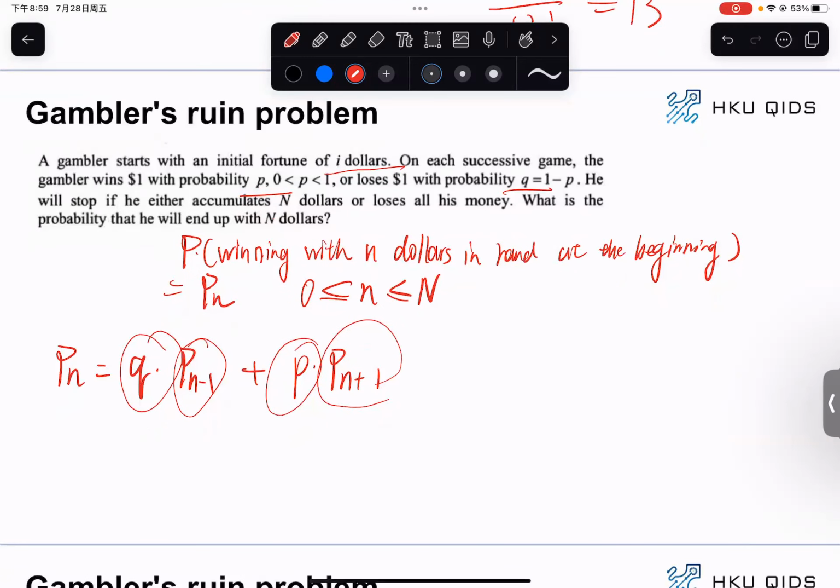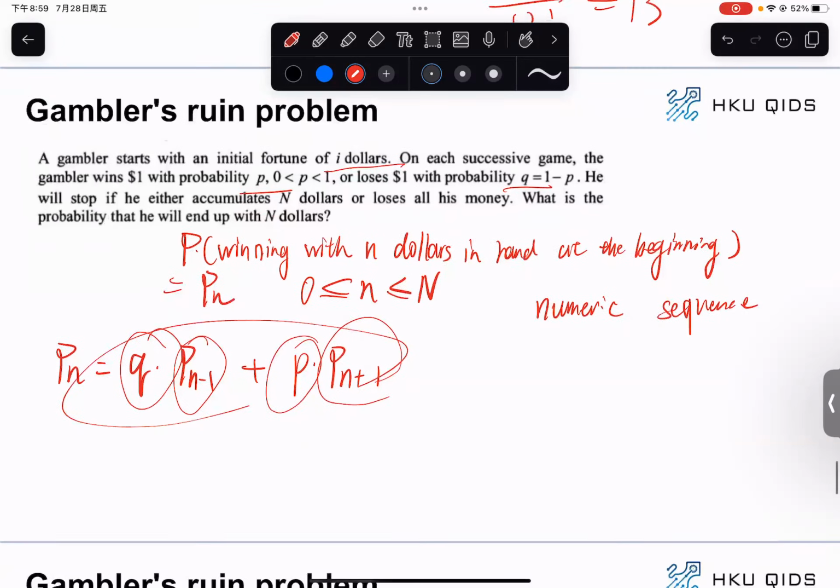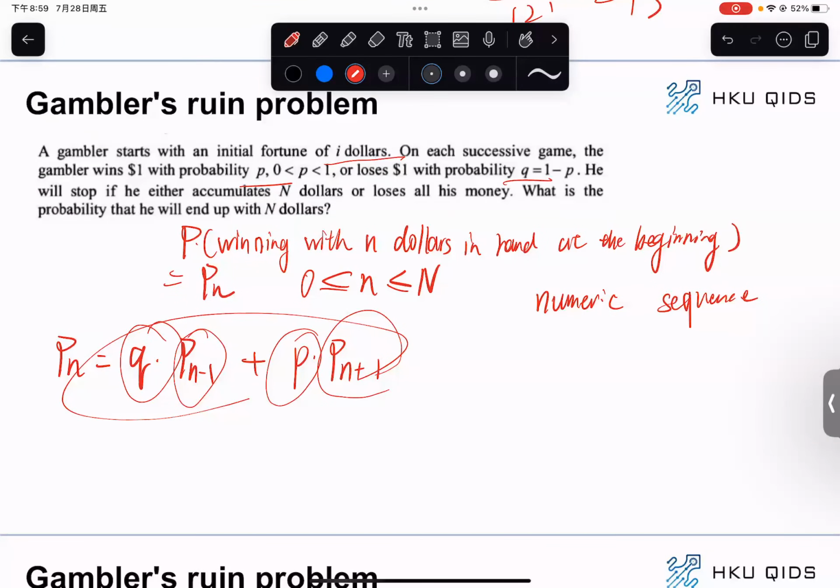And let's reframe this a little bit. If you have some numerical sequence knowledge, one way to deal with this is to divide each part by Q. So we can have Pn plus 1 minus Pn is going to be Q over P times Pn minus Pn minus 1.